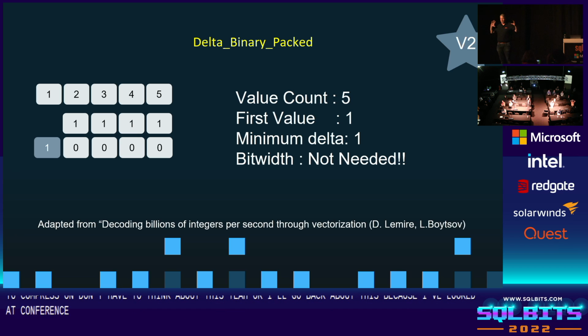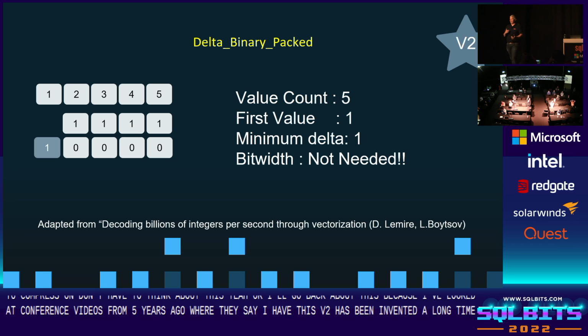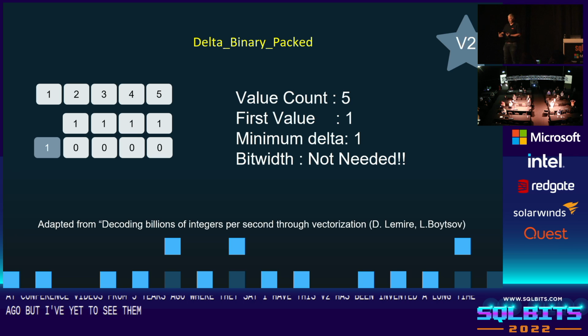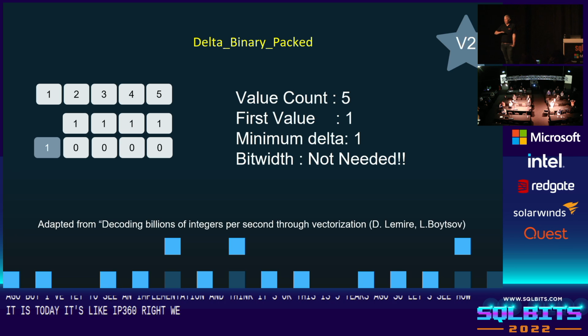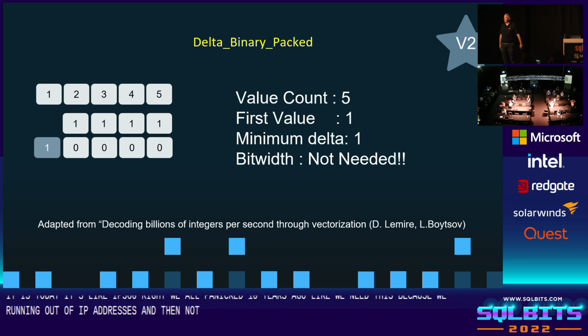conference videos from 5 years ago where they say, this V2 has been invented a long time ago, but I have yet to see an implementation. I'm thinking, okay, this is 5 years ago, so let's see how it is today. It's like IPv6, right? We all panicked 10 years ago, like, we need this because we're running out of IP addresses, and then nothing happened, right?